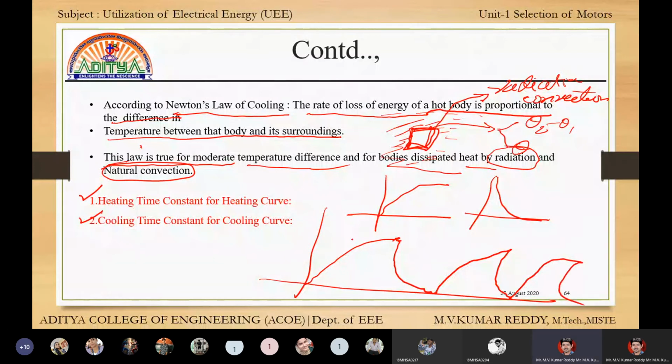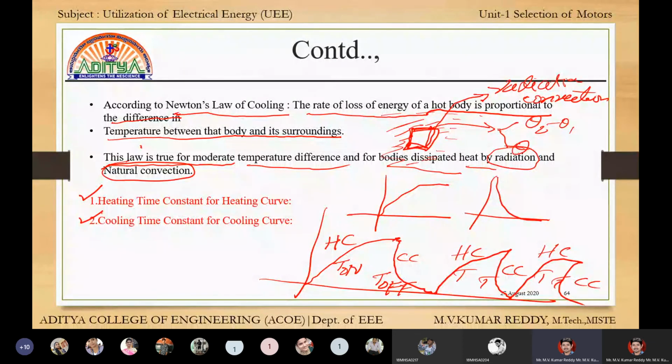This is the heating curve and this is the cooling curve. Whenever it is on, this is the curve, and when it is off, this is the curve. Again on, off, on, off.